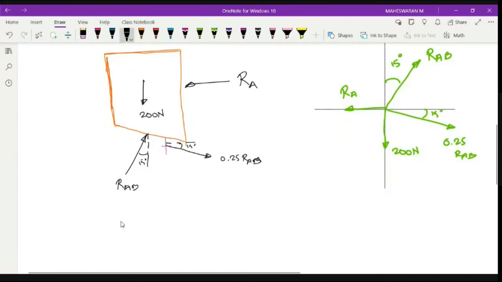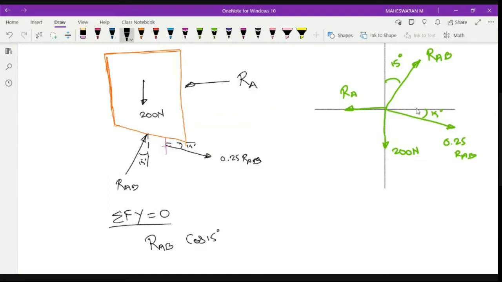Now it is in equilibrium, so sigma Fy is equal to 0. Bring RAB to the y-axis. The 15 degree angle is reducing, so it is cos: RAB cos 15.